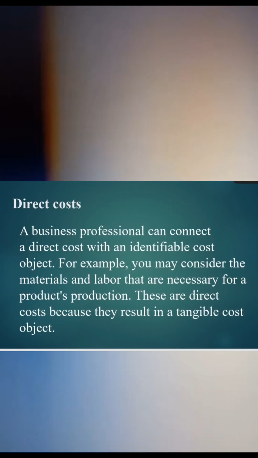So the next one is direct costs. A business professional can connect a direct cost with an identifiable cost object. For example, you may consider the materials and labor that are necessary for a product's production. These are direct costs because they result in a tangible cost object.